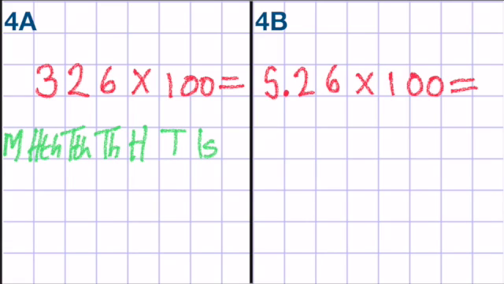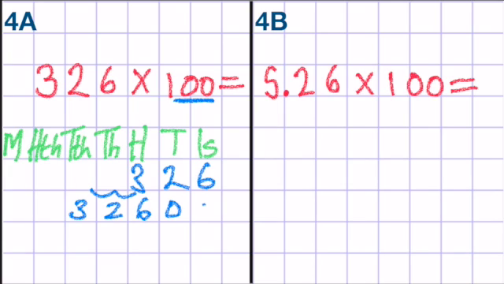Okay. So 326. Now we're multiplying by 100, so the digits are going to move 2 places to the left. So the 3 is going to go here, 2 here.